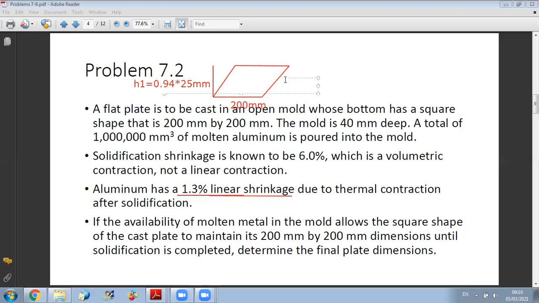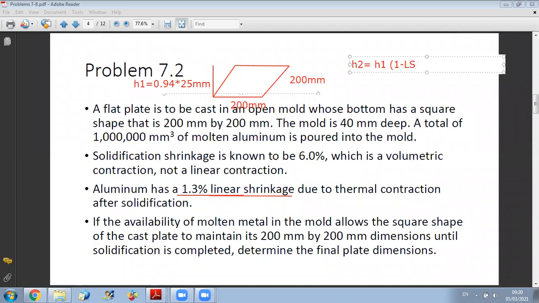Now, what will happen at the end of thermal contraction? I will have new values for the base dimension and for the height. The new height after phase 2: since I have 1.3% linear shrinkage, this means that H2 is H1 times 1 minus the linear shrinkage.